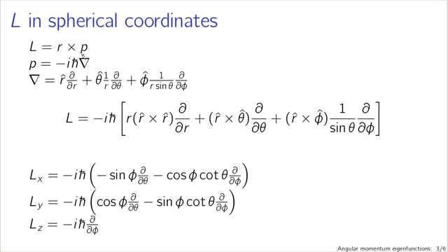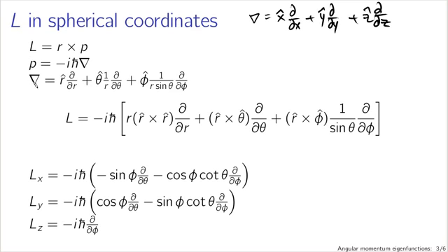We can write it as minus i h bar times this gradient operator, del, which I'll write in Cartesian coordinates: x hat times the partial derivative with respect to x plus y hat times the partial derivative with respect to y plus z hat times the partial derivative with respect to z. You can apply this to an arbitrary scalar function of x, y, and z, and it will give you a vector. So this is a vector, as is the momentum. So this is a sort of momentum vector operator.